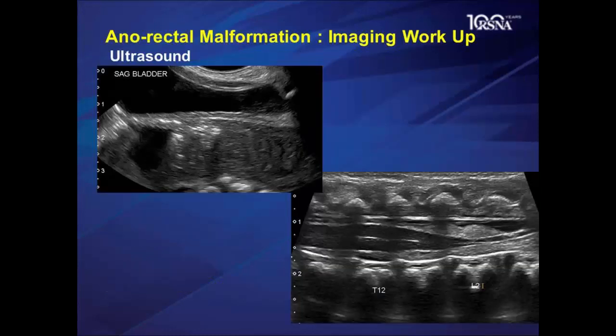So to summarize, this is a more recent case. The bladder is here, ano-rectal malformation. This is a dilated pouch filled with meconium. We do an ultrasound. Thank God for this patient, did not have any spinal cord anomaly or tethered cord. So no spinal cord anomaly, no lowering of the distal cord.